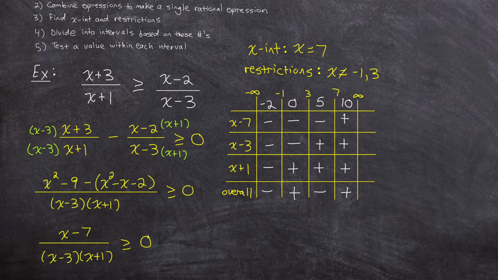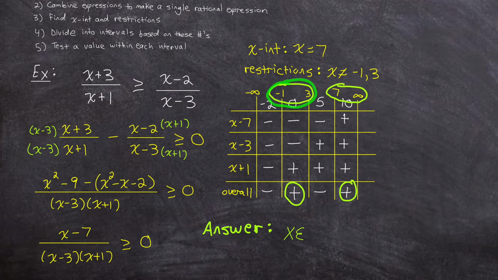So since I want to know when is the function greater than or equal to 0, the intervals where the function has an overall positive sign, so between -1 and 3, and between 7 and infinity, are going to be my answers to this inequality. So I'll say my answer is that the inequality is true when x is an element of numbers within this first interval between -1 and 3, or if x is between 7 and infinity.